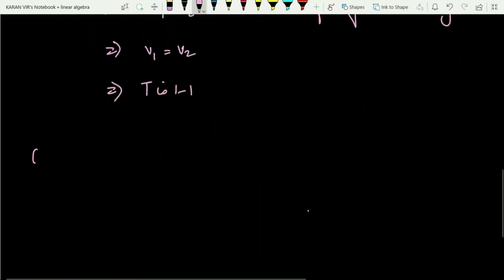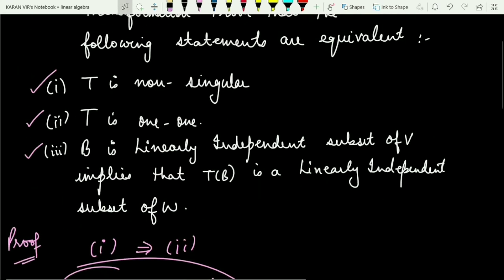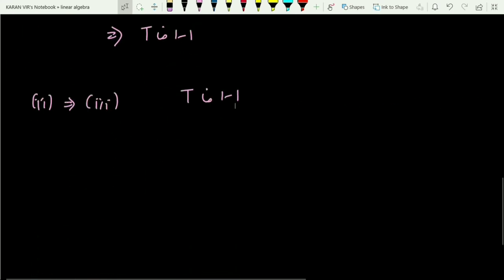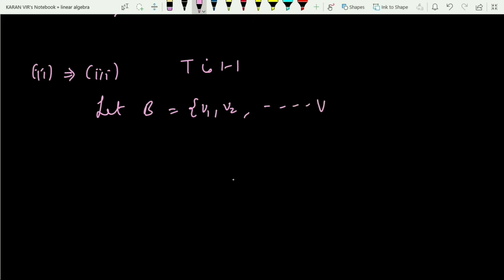Now similarly you have to prove that 2 implies 3. So what is 2? 2 says that T is 1-1. And what is 3? 3 says that if B is a linearly independent subset of V, then T of B is a linearly independent subset of W. So that is what you have to prove. In order to prove that 2 implies 3, I will consider B equals V1, V2 up till so on to Vn, a linearly independent subset of V. Now what you have to show?